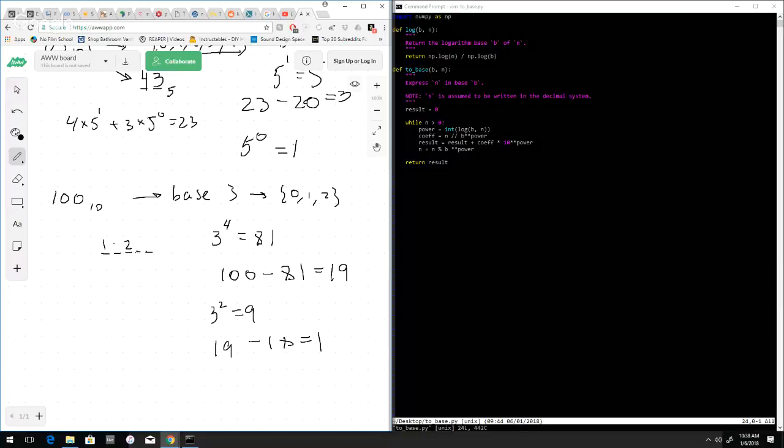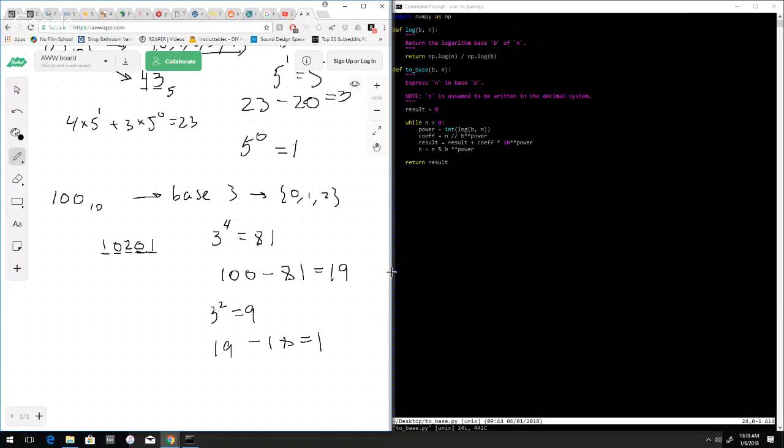So this is 3 to the 0, and I'm left with a 1, right? 3 to the 0th power is 1. So what is the highest multiple of 1 that fits in 1? And that's a 1, of course. And so everything else gets a 0, 0.